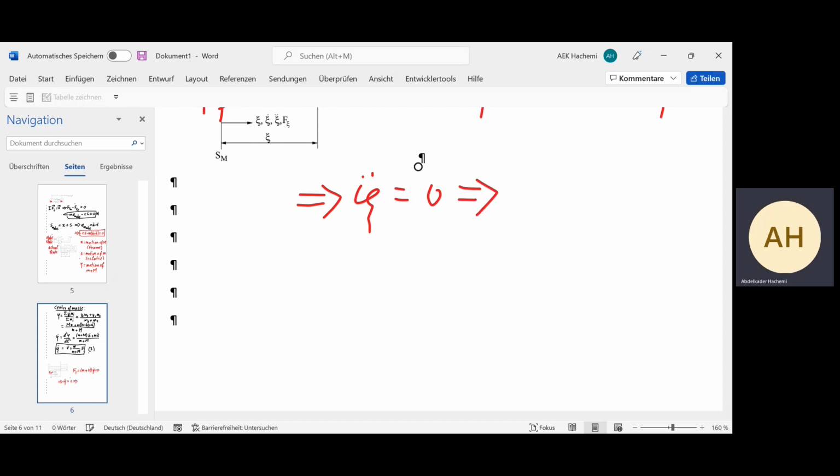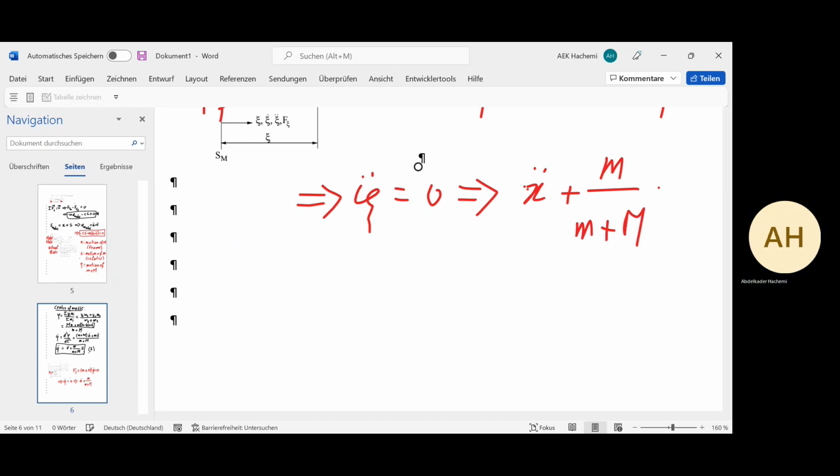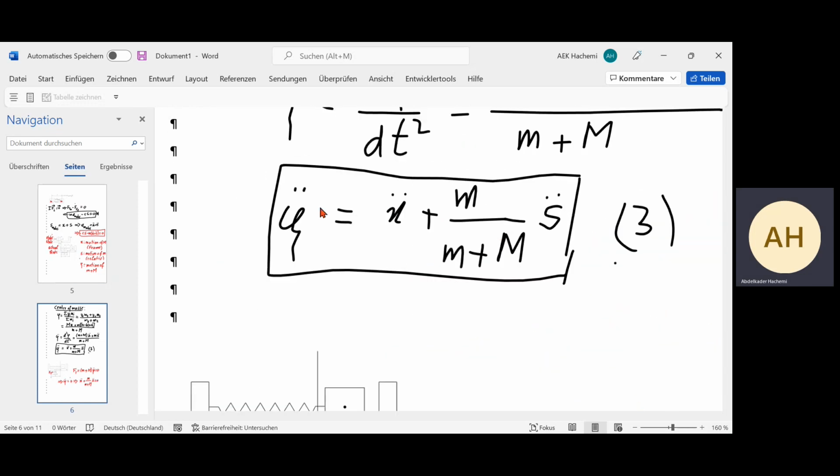Then, if we look to the expression of Xi dot dot, that means here x dot dot plus m divided by small m plus capital letter M times s dot dot will be equal to 0, following the expression of Xi dot dot.